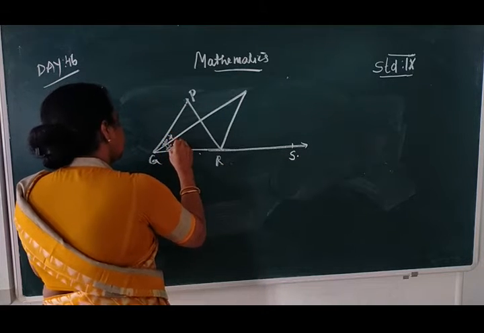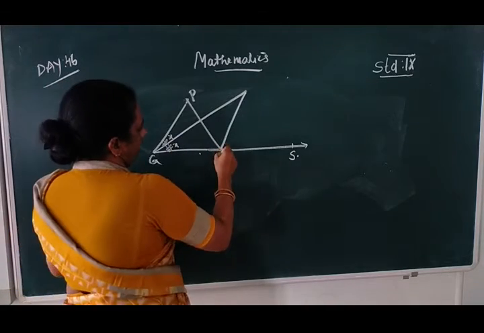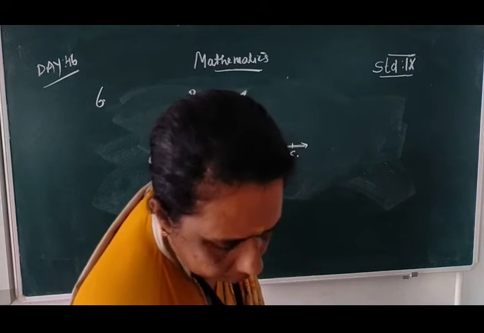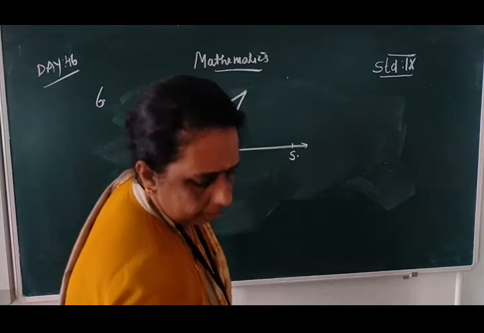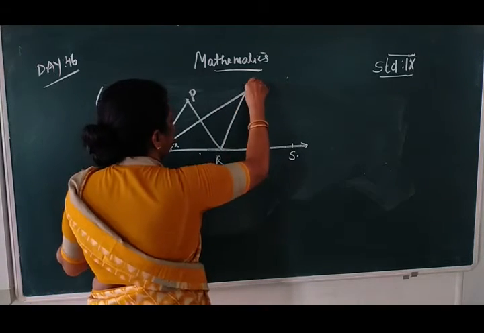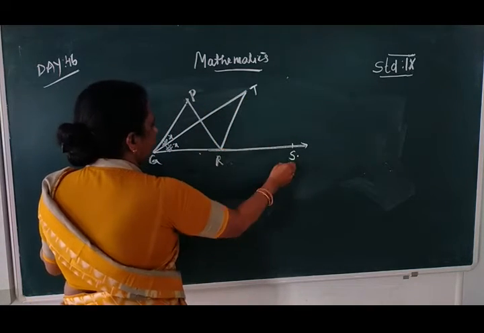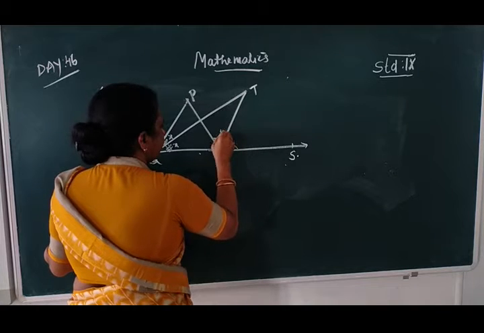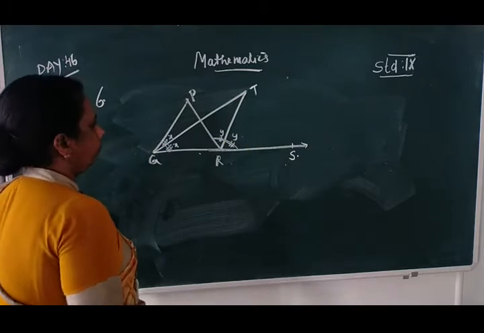I am taking these two angles as x. This is the bisector of PRS, therefore these two angles are also equal. So I have taken these two angles as y.